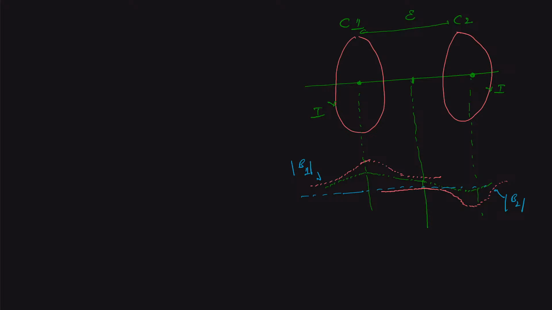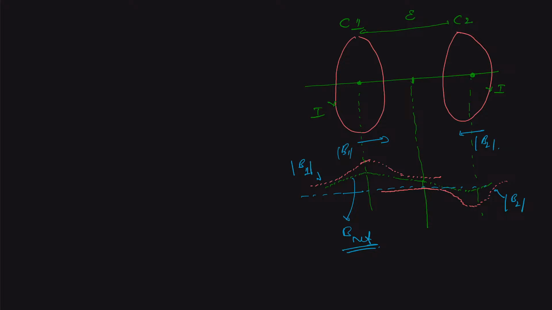And this green one will be our net magnetic field. And the direction will be something like this. So this will be B1 and this will be B2 approximately.